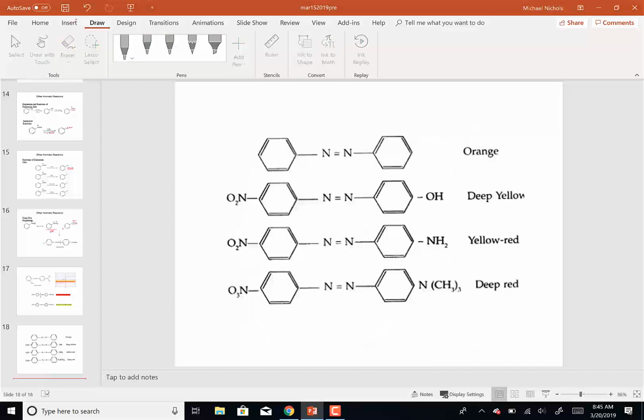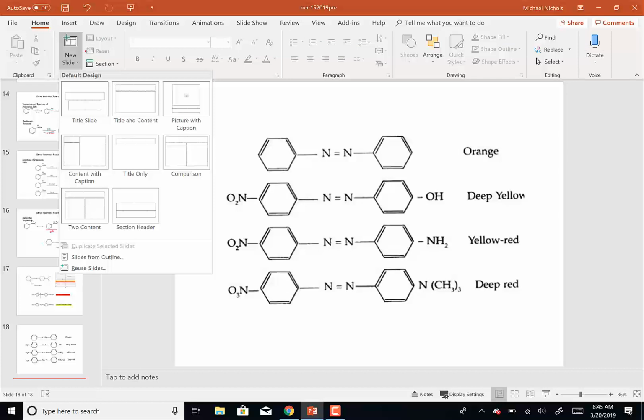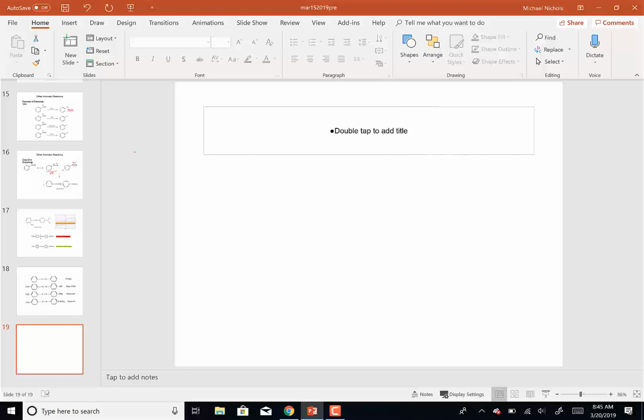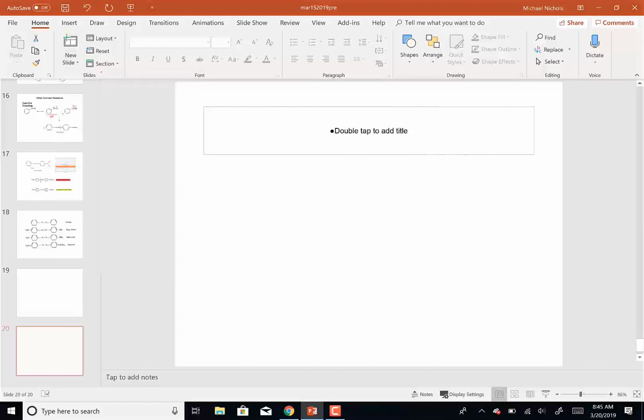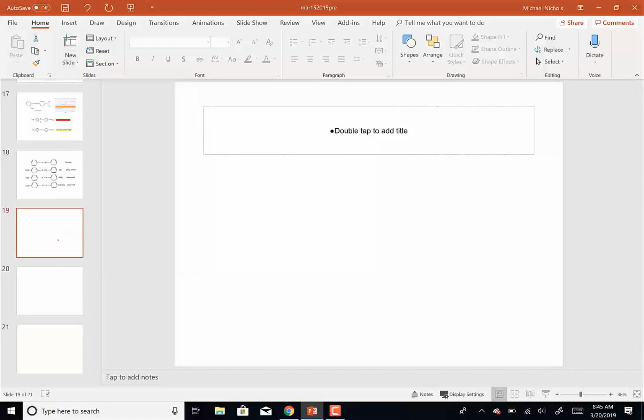So now let's talk about the next sections in Top Hat, which are actually more of an introduction to what synthetic chemists really do.